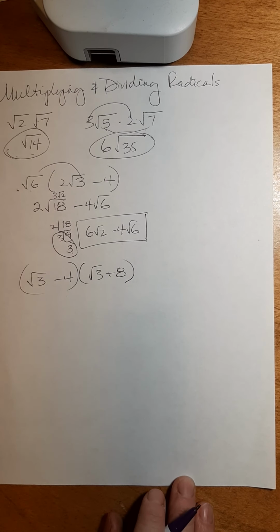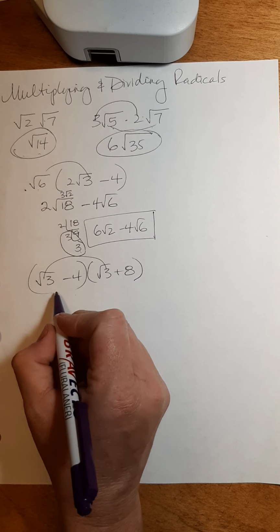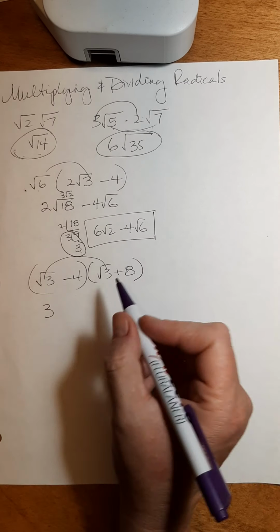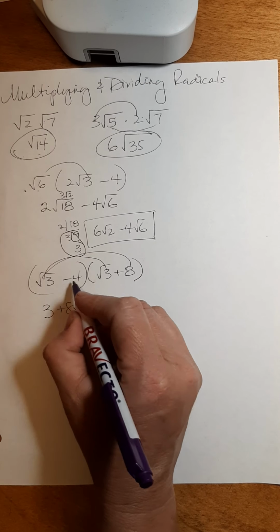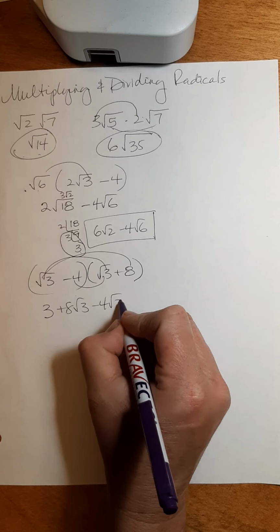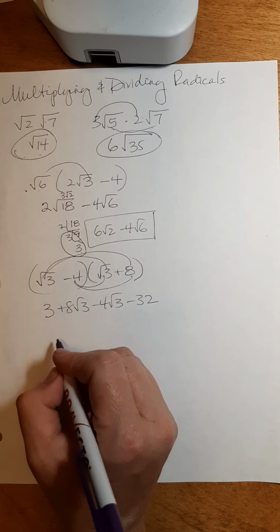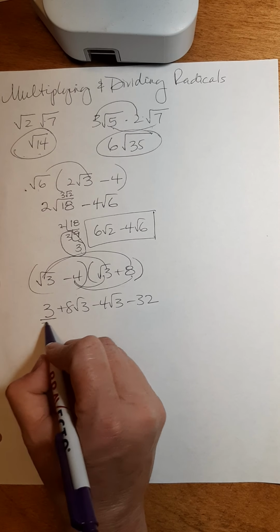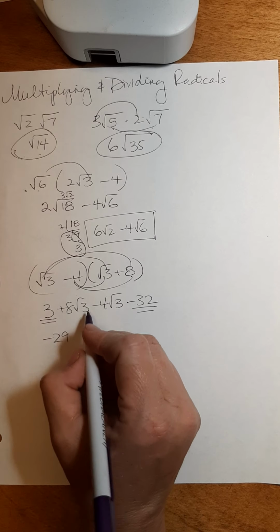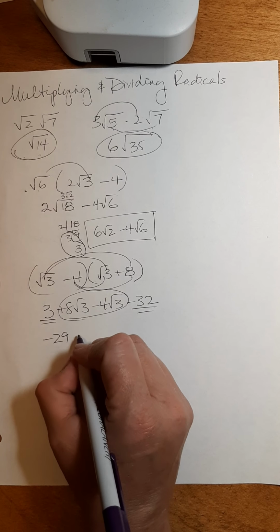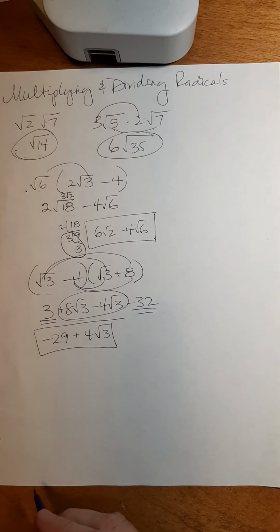So that would just be square root of 9, which is 3, because you're just doing the full, 8 square root of 3, minus 4 square root of 3, minus 32. So then you've got 3 minus 32, negative 29, and then 8 minus 4, 4 square root of 3.